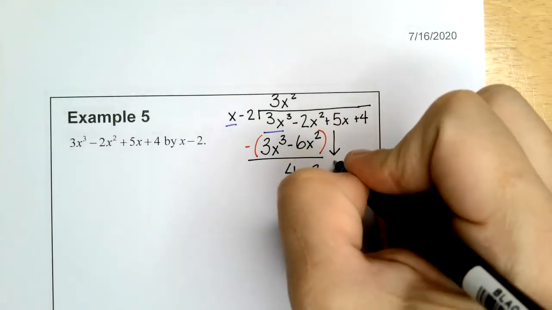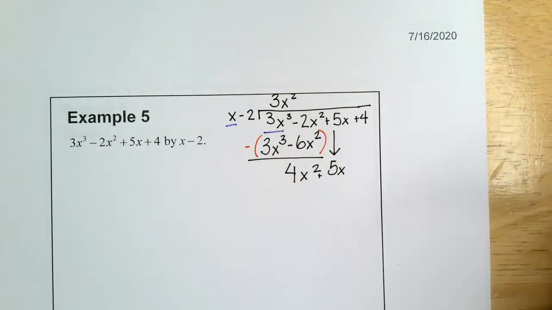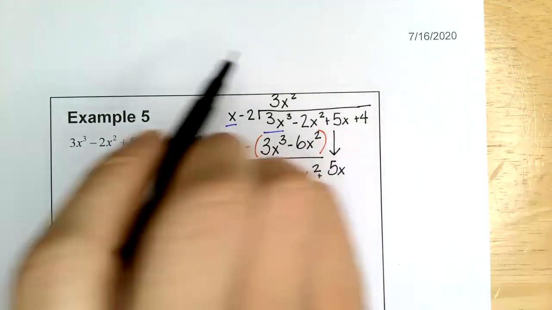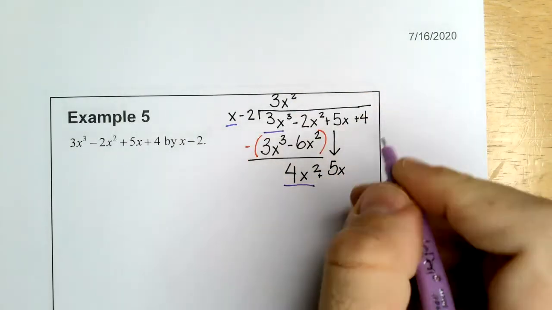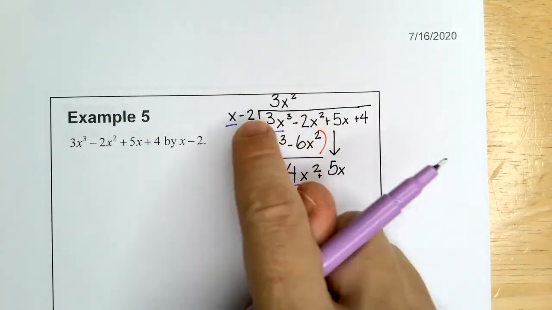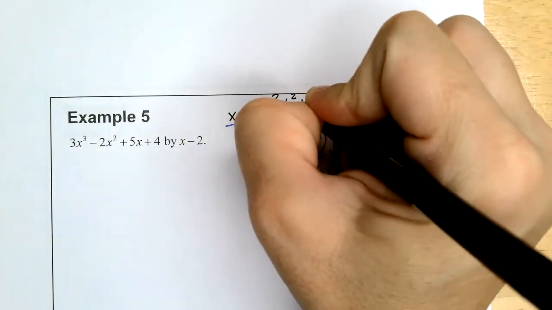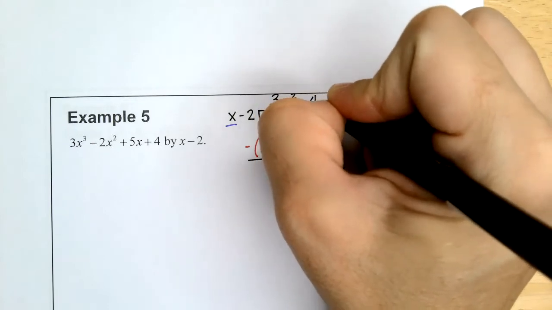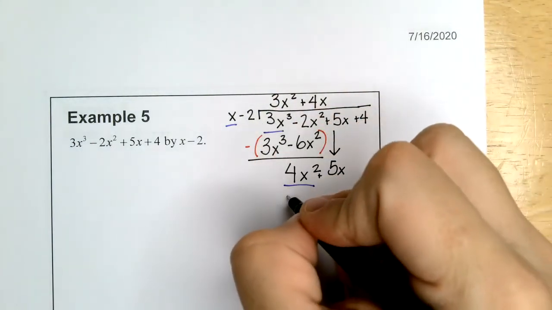Bring down the next term, plus 5x. Look at my first term here. 4x squared into x means I need to multiply it by a positive 4x, right? Positive 4x times x is 4x squared.